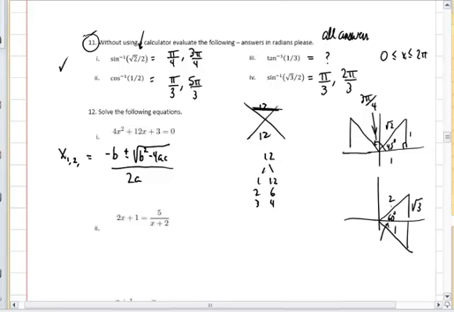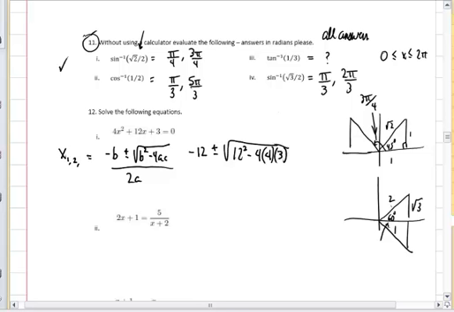So in this case, I'm going to now put in negative 12 plus or minus the square root of 12 squared minus 4 times a, which is 4, the c is 3, all over 2 times 4.